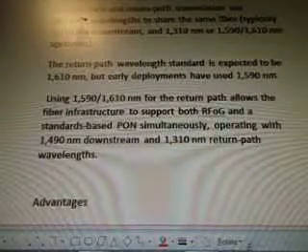Using 1590/1610 nm for the return path allows the fiber and infrastructure to support both RFOG and a standards-based PON simultaneously operating with 1490 nm downstream and 1310 return path wavelengths.